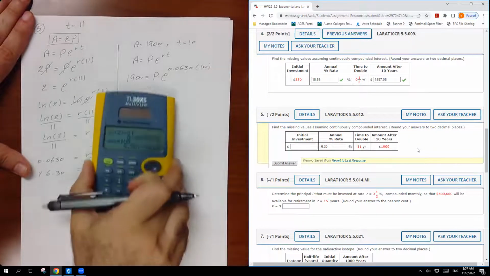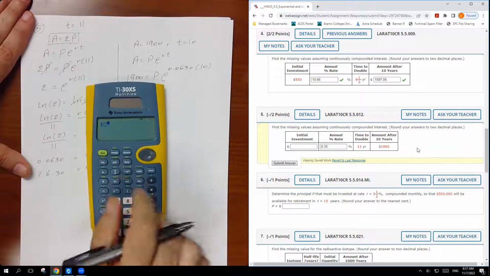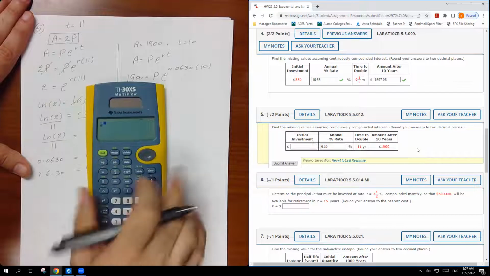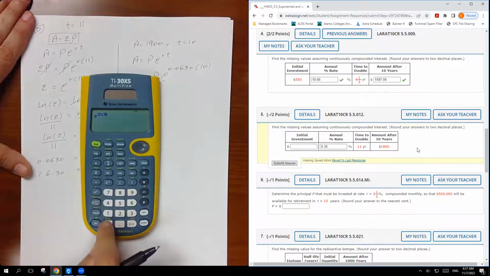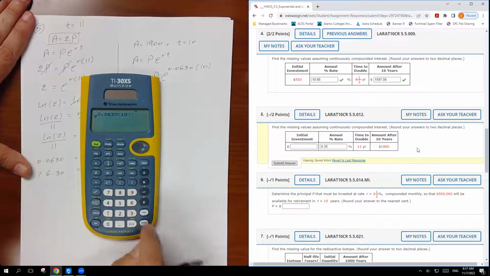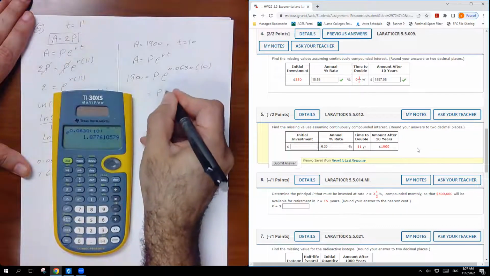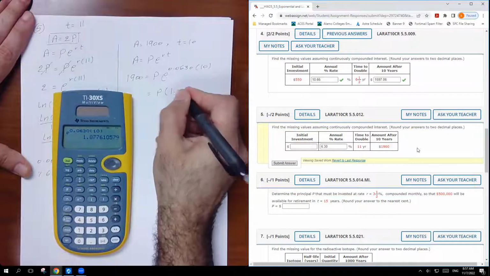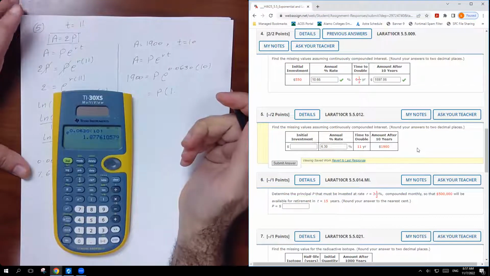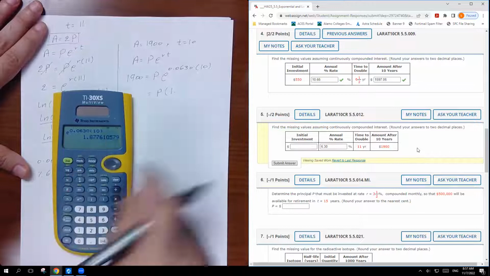Let's simplify this side. This side is e to the power 0.0630 times 10. So here on this side, the easiest way, because sometimes you're going to make mistakes if you round this number.